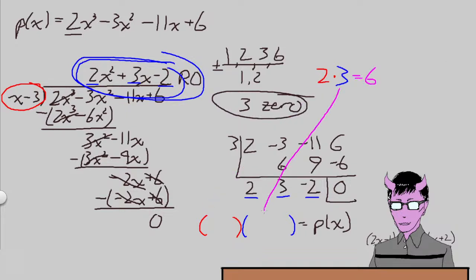It's just that. What's the blue factor? It's these things right here. So this is just 2x squared plus 3x minus 2. Red factor, the one we just figured out, is x minus 3.